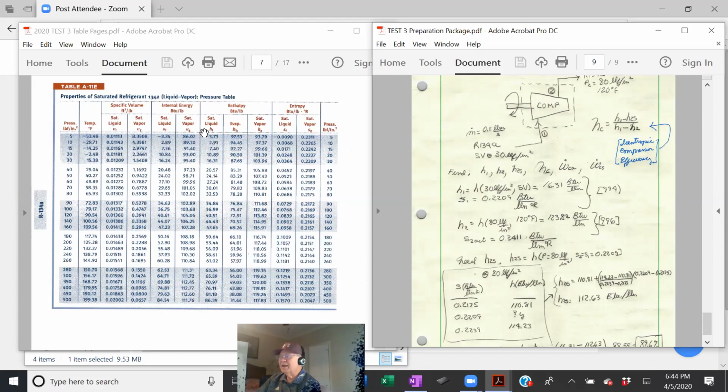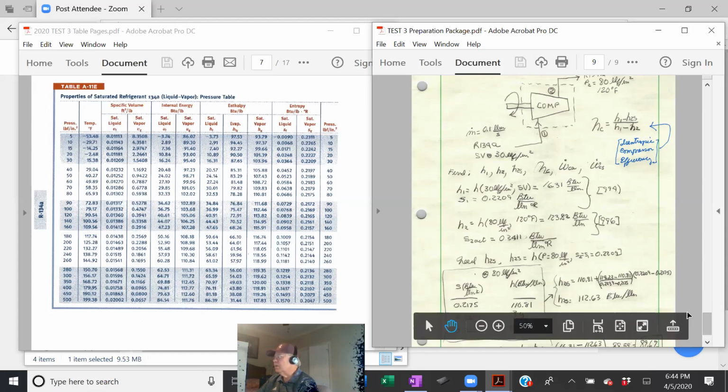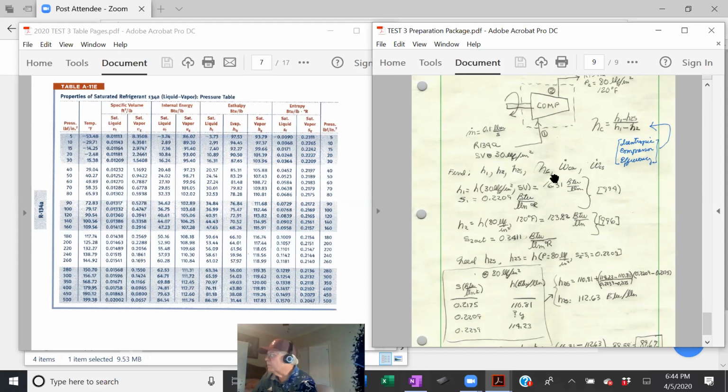I'm sorry, H1. What did we look up here? 30. Should be 16.31 right here. I looked at HF. No. Something's wrong. Oh, H1. Yeah, it looks like I worked that problem wrong.